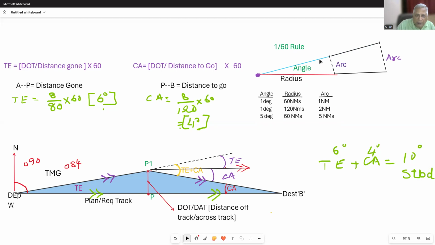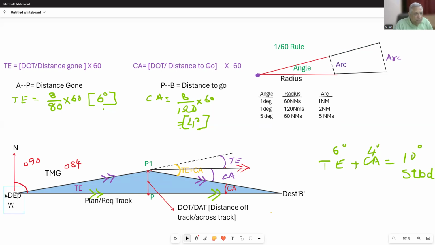If this is the track required, the track made good is to your right. And if this is the track required, the track made good is then to your left. An arc is the distance you have gone away from your desired track and you want to come back to the track. This is how we will solve this problem without any use of calculator or computer, with mental DR.